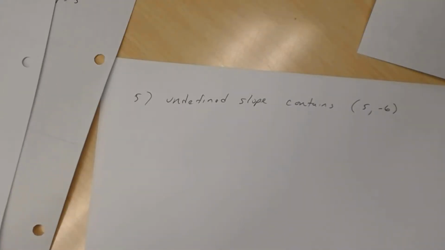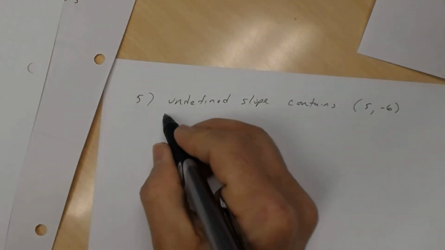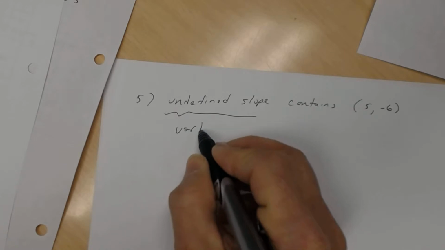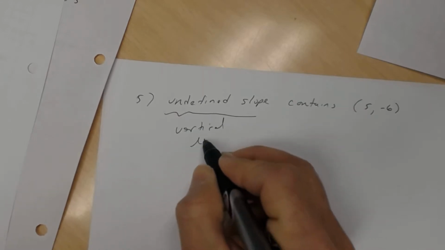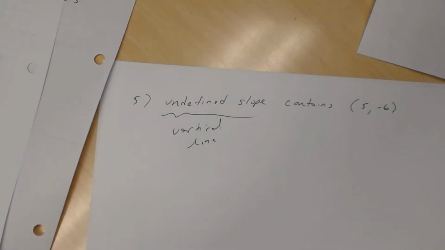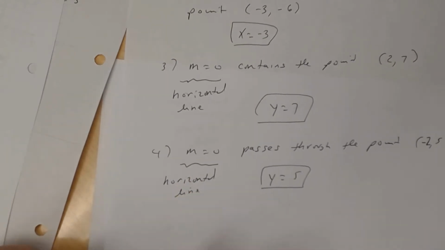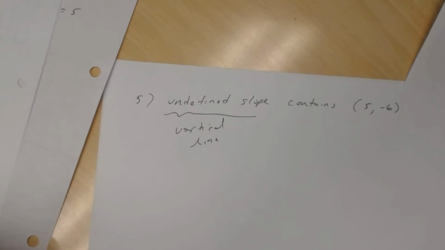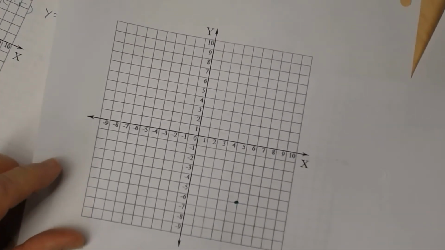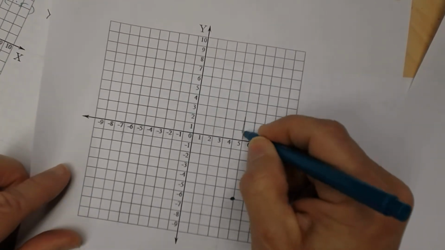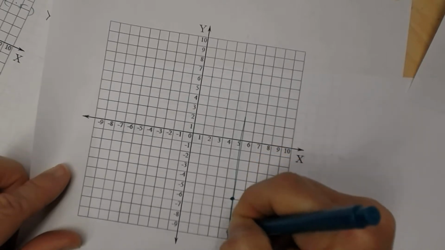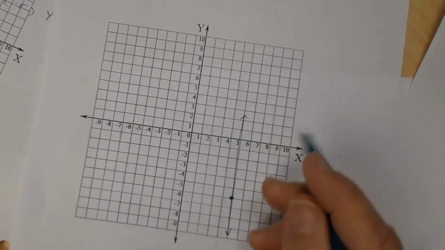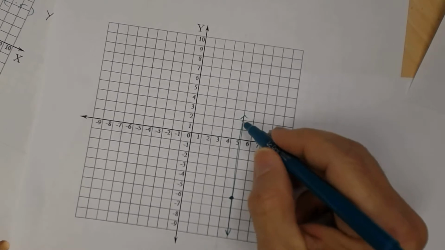Remember, if a line has undefined slope, it means you're dealing with a vertical line. So remember, slope 0 is a horizontal line, and undefined slope is a vertical line. Alright, so what I'm going to do now is draw the vertical line going through this point. And again, in the previous lesson, we talked about vertical lines.